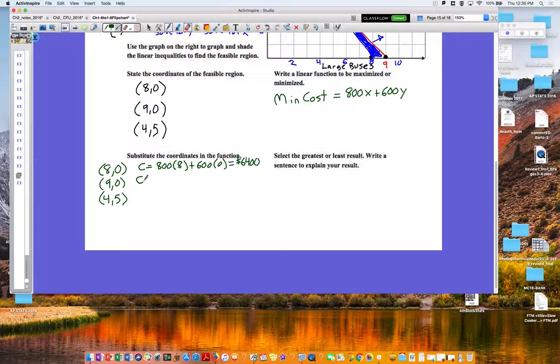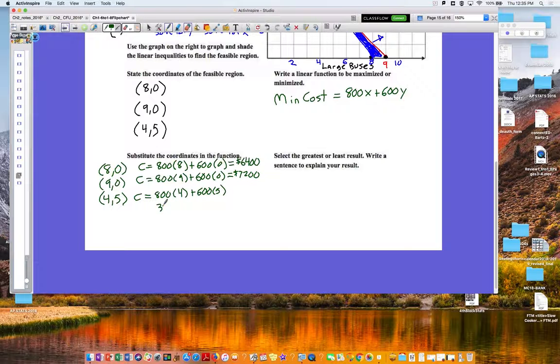Well, the next one, if I actually order another bus, 800 times 9 plus 600 times 0, that's even going to cost me more money, $7,200. So I definitely don't want to do that. So here's our last one, 800 times 4 plus 600 times 5.